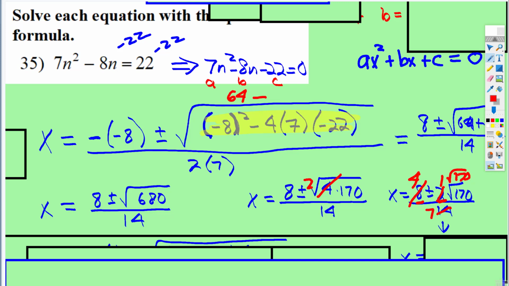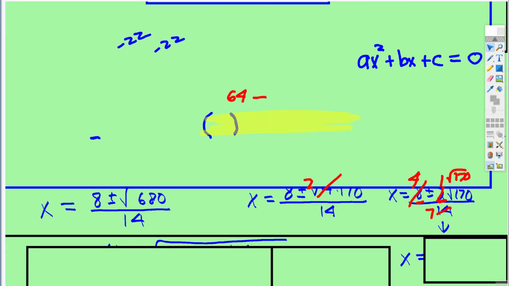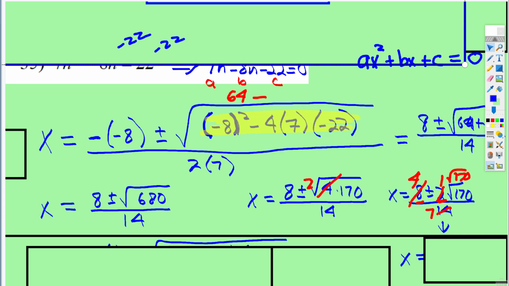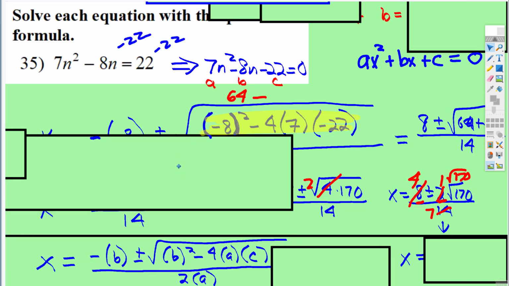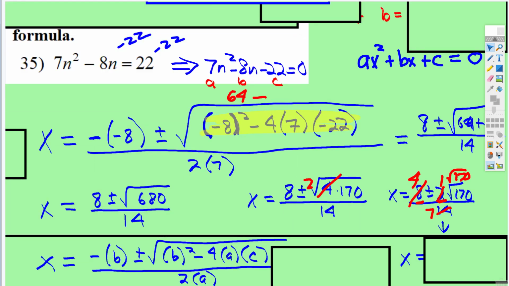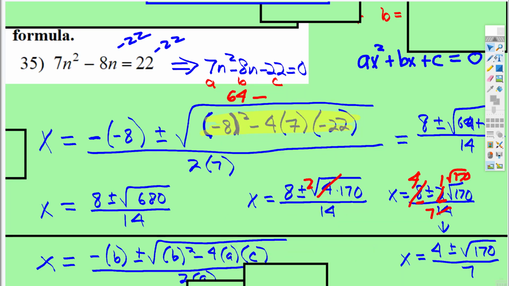So let's go on down here and see what I have. Right there. So we have x is equal to 4 plus or minus root 170 all divided by 7.